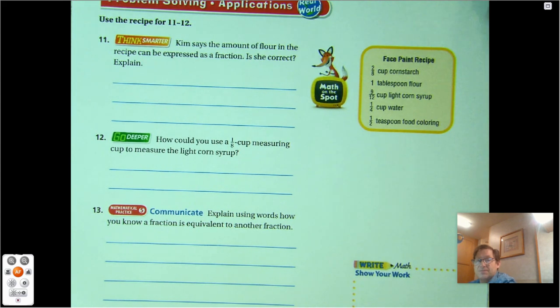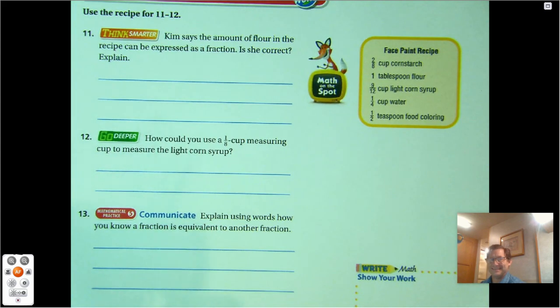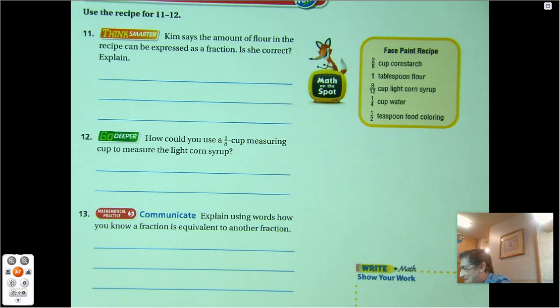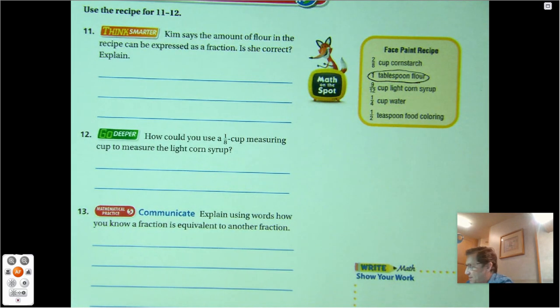We have 2/8 cups cornstarch, 1 tablespoon of flour, 9/12 cup of light corn syrup, a 1/4 cup of water, and a 1/2 teaspoon of food coloring. So she says that the amount of flour can be expressed as a fraction. Is she correct? Yes.